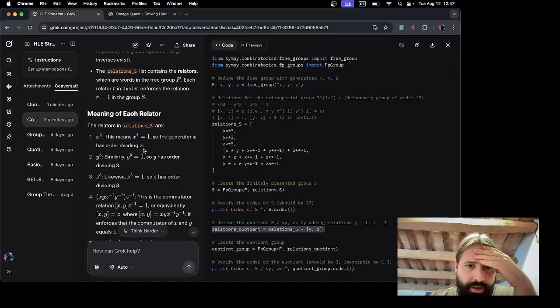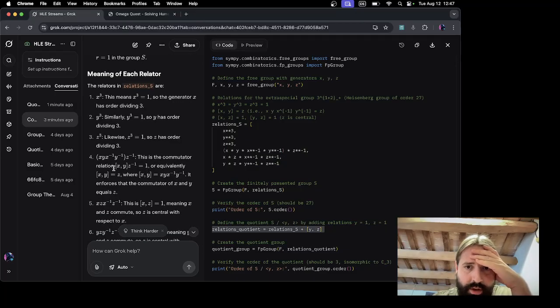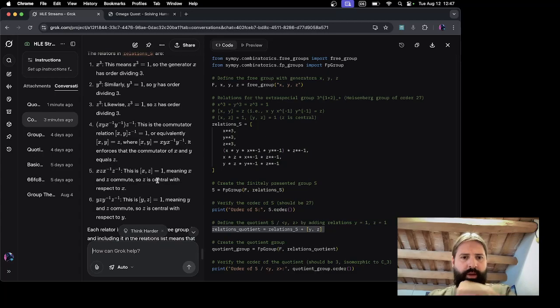Has order dividing 3. The same with one, exactly. This is a commutative relation. So, okay, that's a commutative relation. Actually, those are the commutations.